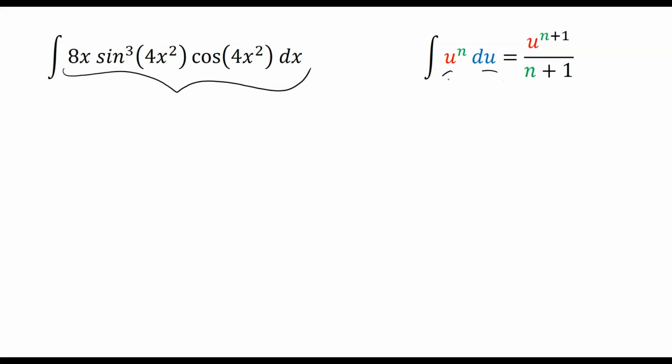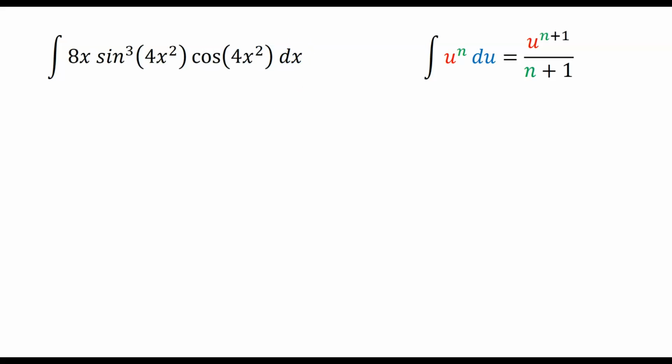U that's raised to some power and a du. So I have to be starting to think about which function am I going to call u, and it needs to have its differential included in the integrand. The differential is essentially like the derivative but multiplied by dx.